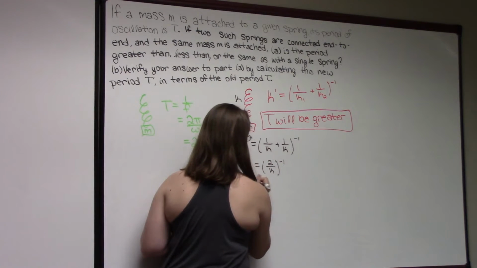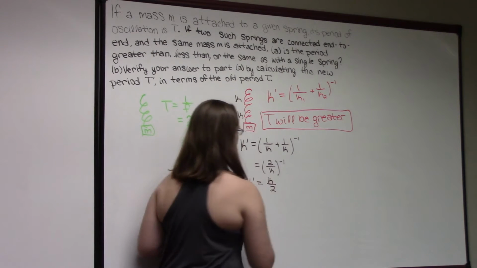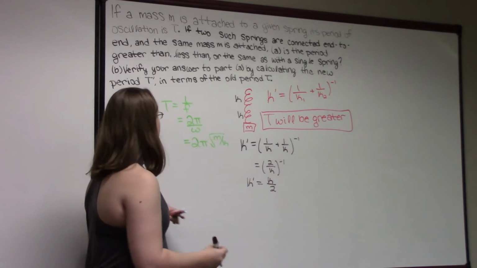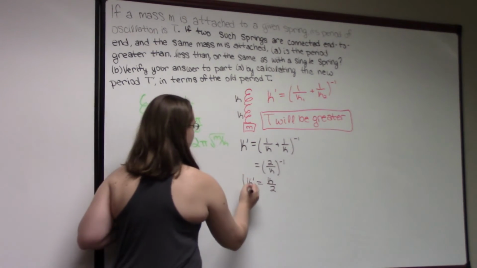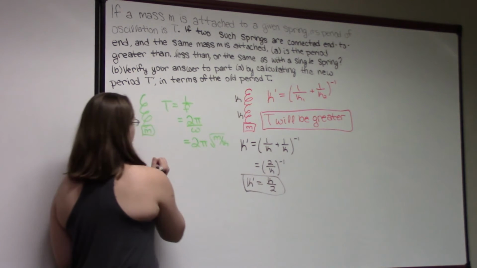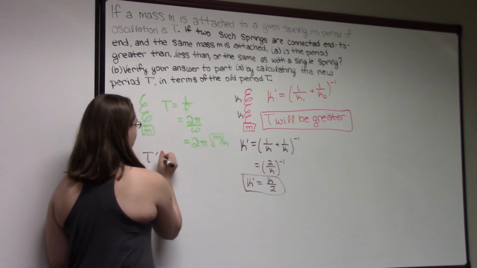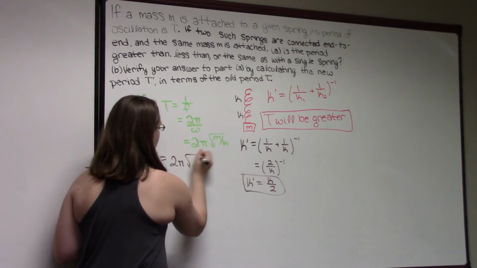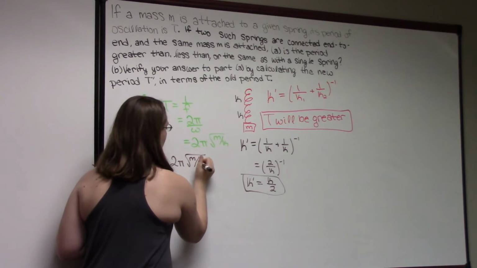So our k prime is going to equal our initial k over 2. Now if we plug that into our period, right? So we're going to take this and we can say T prime equals 2 pi times the square root of m over k prime, right?